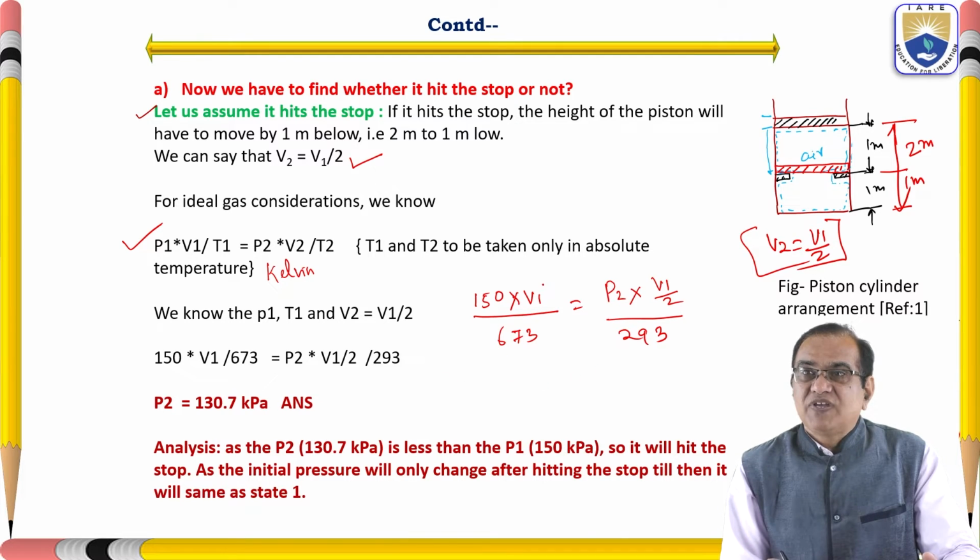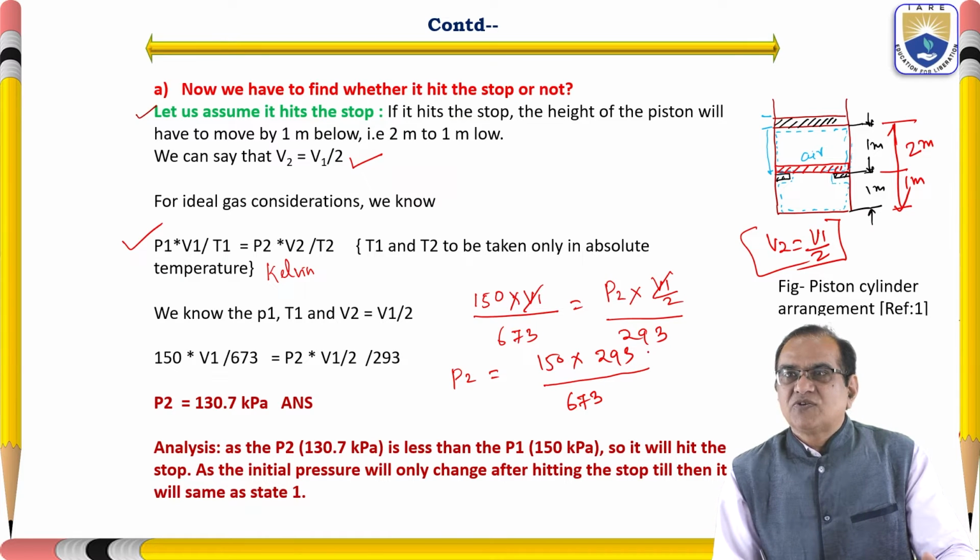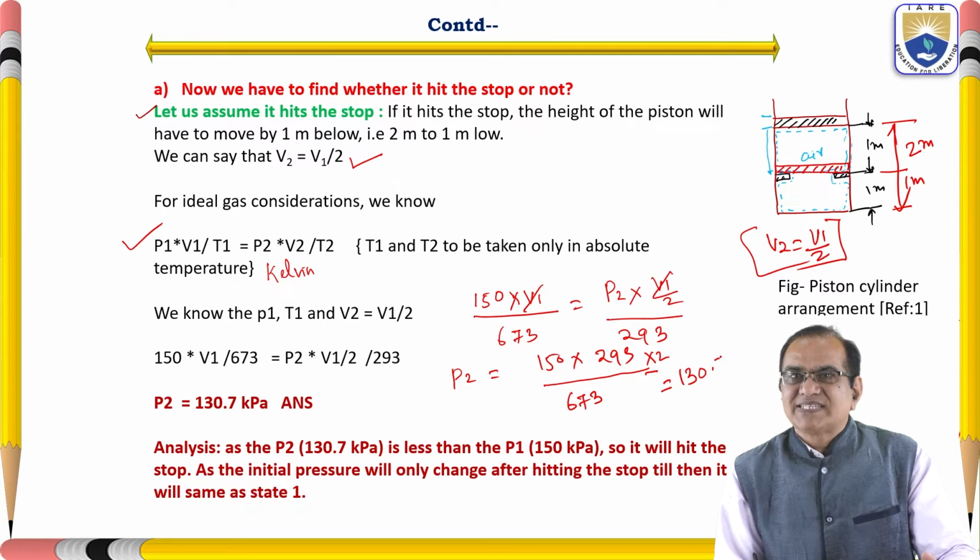So from here V1 is cancelled, and we get P2 is equal to 150 into 293 divided by 673, and this gives the answer 130.7 kilopascal. This is the answer for part A.